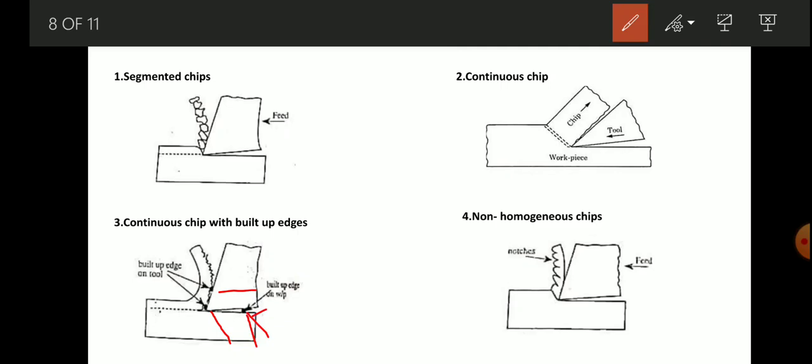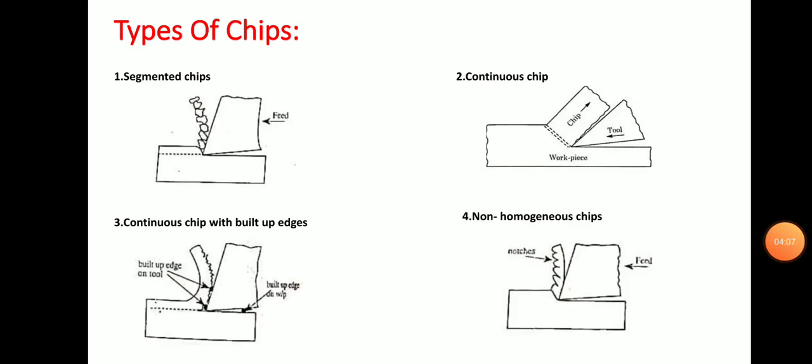Now coming to the non-homogeneous chip, it consists of a tool, workpiece and chips which are in the form of notches. These kinds of chips are produced during non-uniform strain in the material during the chip formation, and form notches on the top side of the chip.